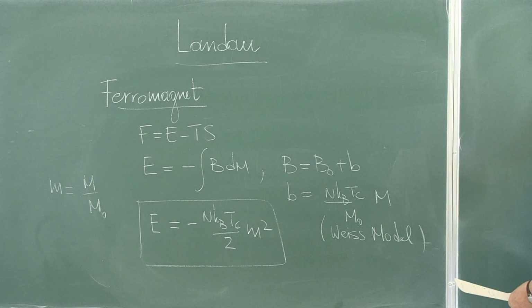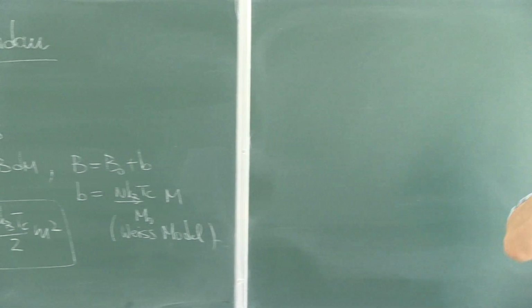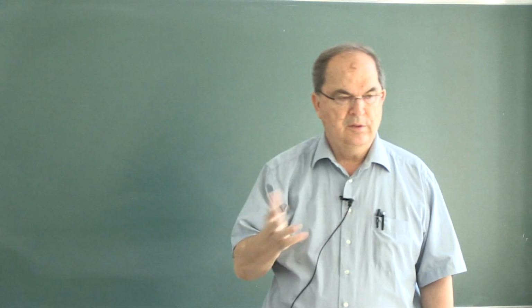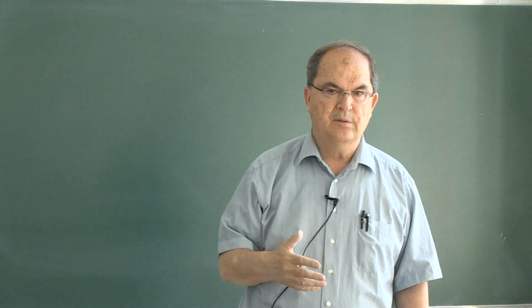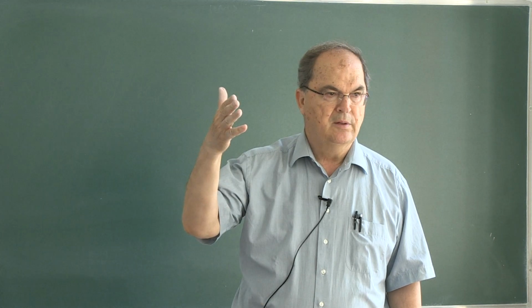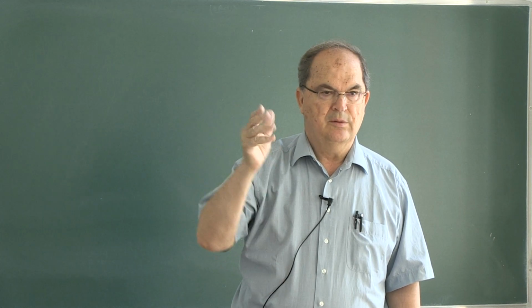Now let's find the entropy. What can you write about entropy? Can you tell me? There are two expressions for entropy, k_B ln omega, or in terms of probabilities. You can write it in terms of the probability of finding an up state or a down state.